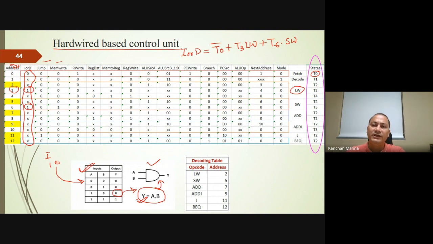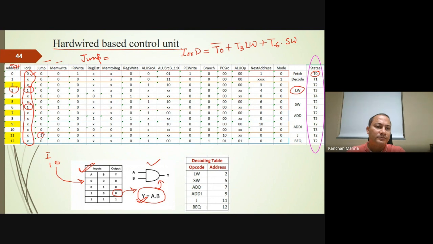T0 would be 1, and if we take the complement, then we have the 0 value. In this case we need 1, and the rest of the field is down here. Now similarly for jump, you can see we have a value 1 here, and the rest of the time it is 0. So in a similar way we can write the logical expression for the jump signal.